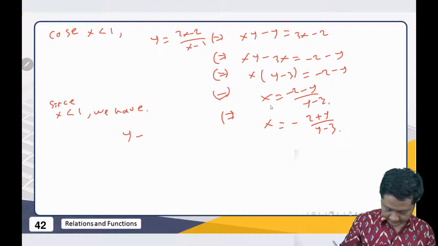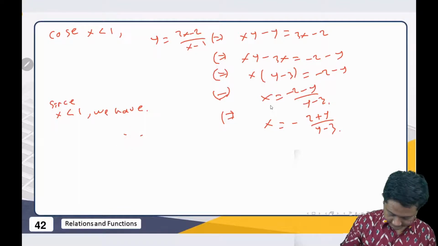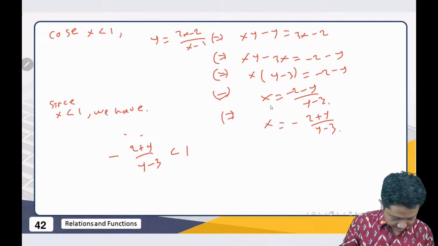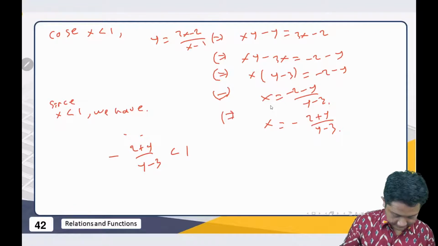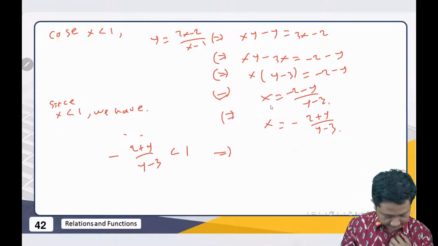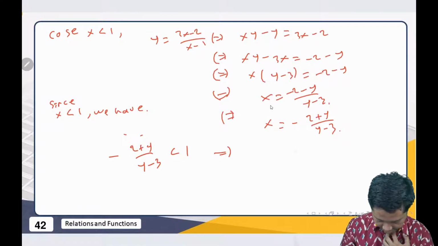Then if we have this part, minus (2 plus y) over (y minus 3) less than 1, what happens? So 2 plus y, right? Okay, so this is minus.